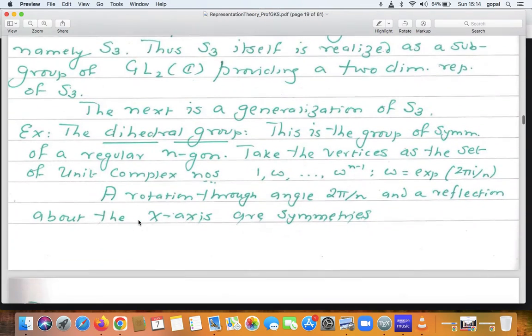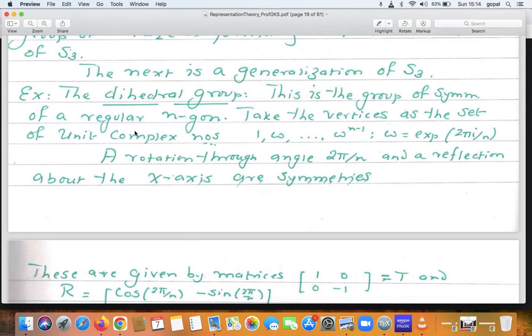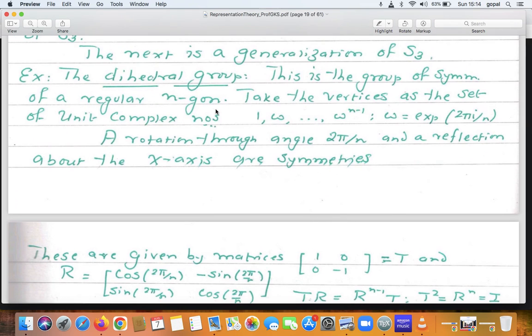The next is a generalization of S3, the dihedral group. The dihedral group is a group of symmetries of a regular n-gon. So take the vertices of the regular n-sided polygon as the nth roots of unity. Omega is exponential of 2 pi i by n.